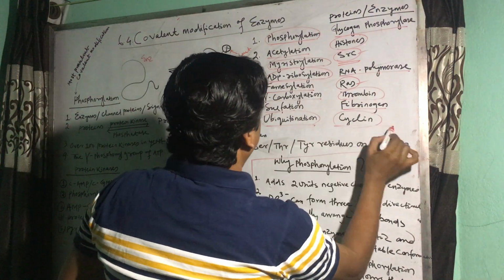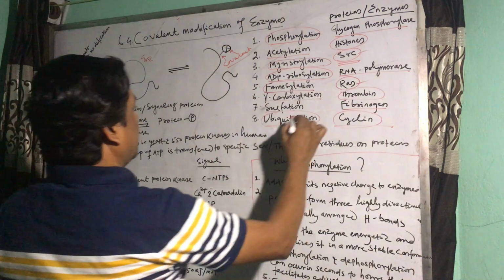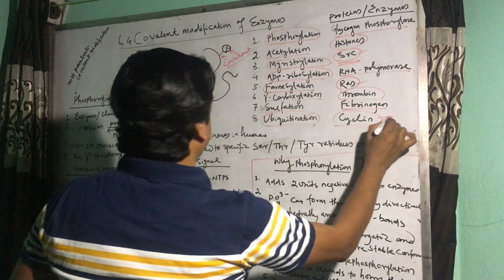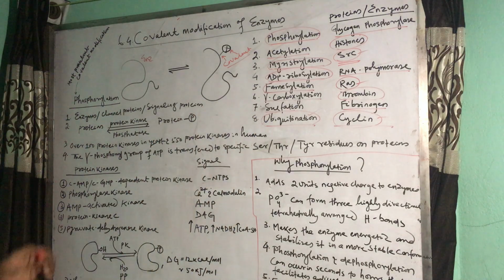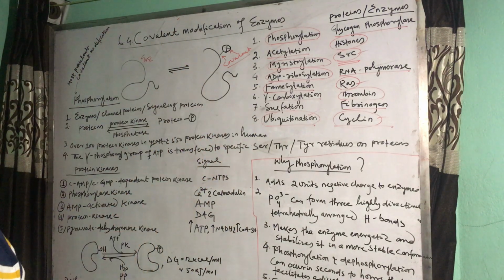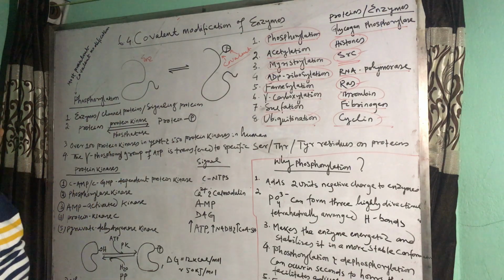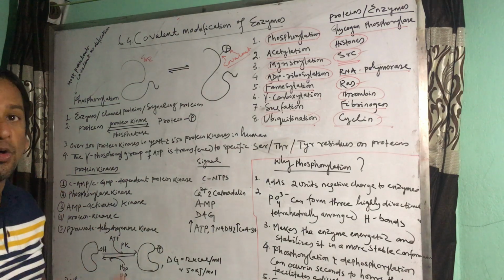For example, cyclins are an important class of proteins which are activated by ubiquitination and they control the cell cycle. Out of these different covalent modifications, phosphorylation is one of the most important covalent modifications of proteins.